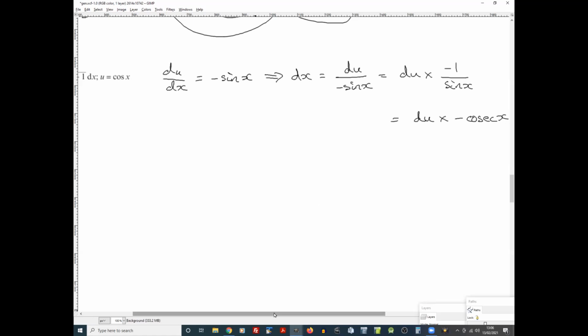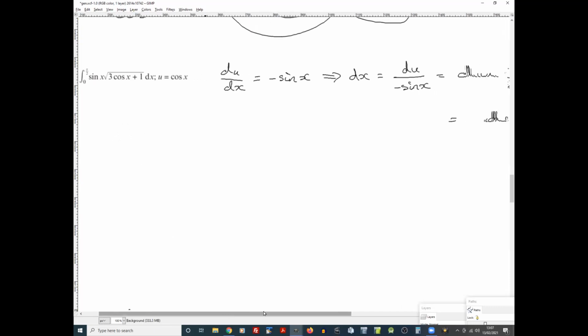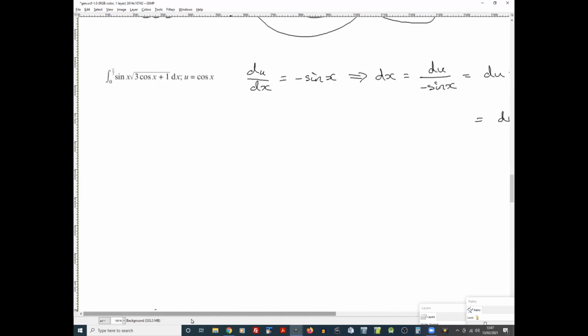Okay. So what do we do next? We put the du over minus du over sine x in the equation. Well, that's right. There's nothing more needed really.